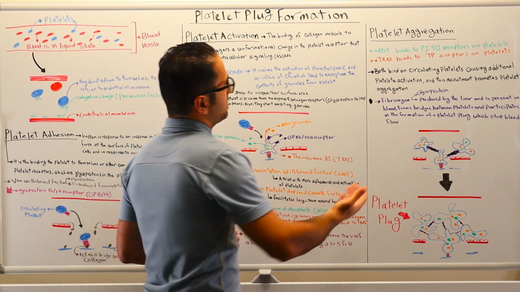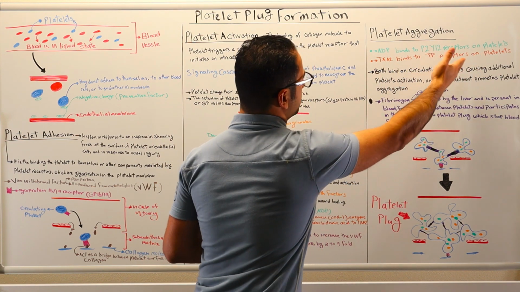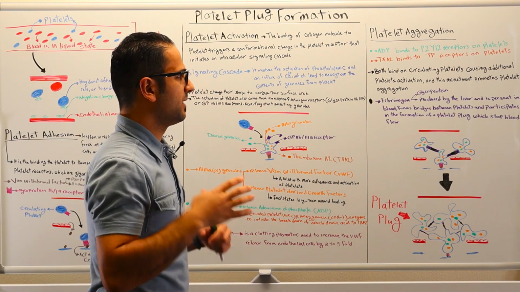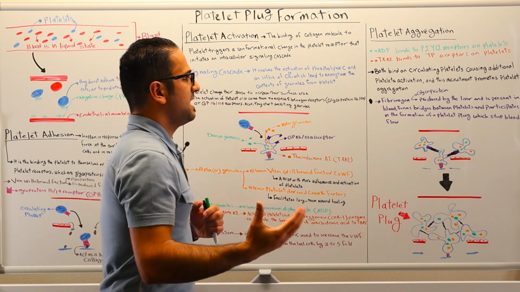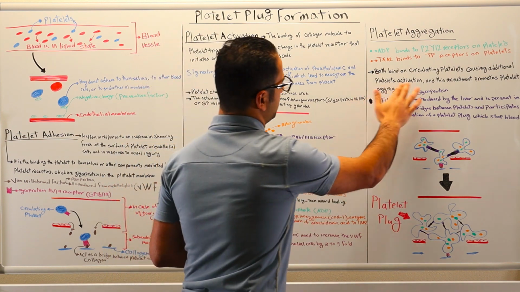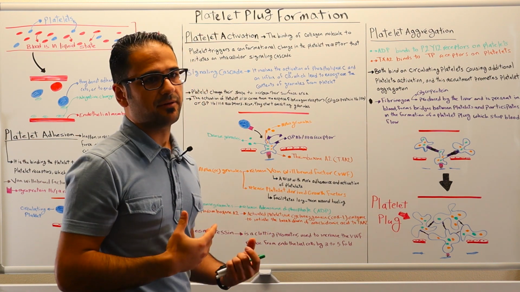In addition, thromboxane A2 binds to TP receptors on circulating platelets as well. Once these two bind to the circulating platelets, they cause additional platelet activation and recruitment, which promotes platelet aggregation.